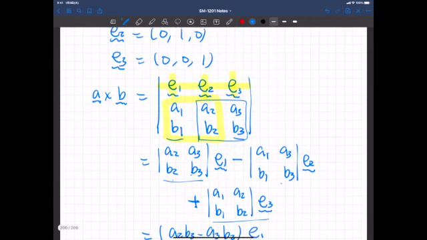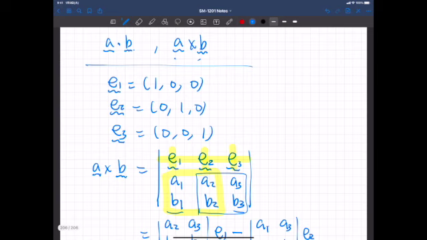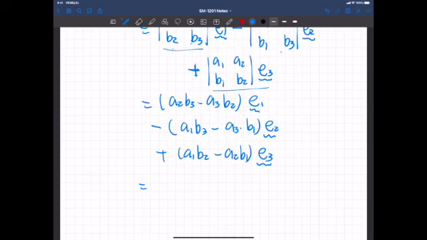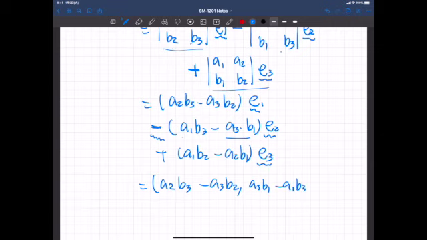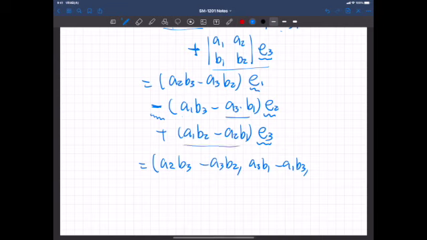Now let's substitute these elements. Then we have A2 B3 minus A3 B2, and move this negative sign inside, so inside here we have A3 B1 minus A1 B3, and the last element is A1 B2 minus A2 B1.